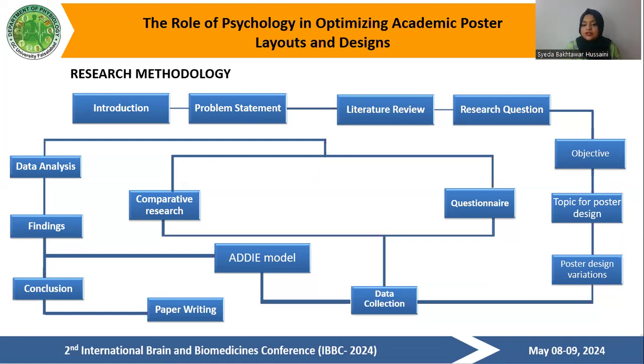The method of data collection was the questionnaire. After that, we did comparative research, and we also used the ADDIE model, which I'll describe later. After all these research methods, we analyzed the data and findings, and at the end, we wrote our paper.